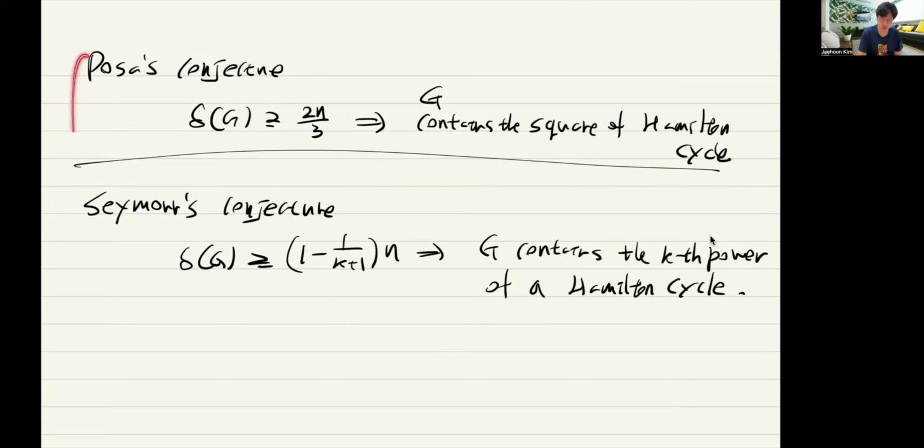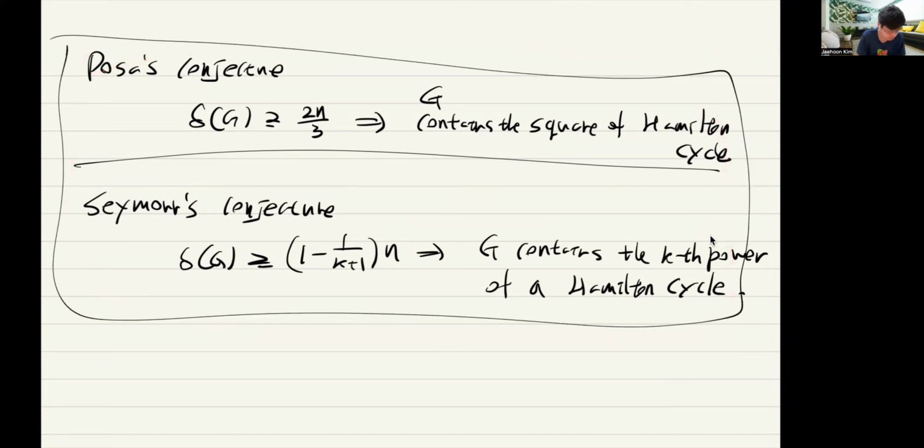Together, it's called the Pósa-Seymour conjecture. It is from 1962 and 1974.